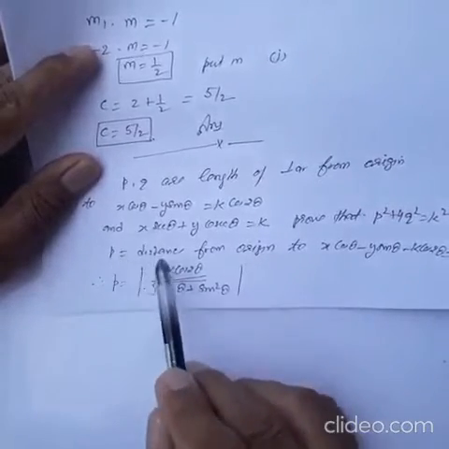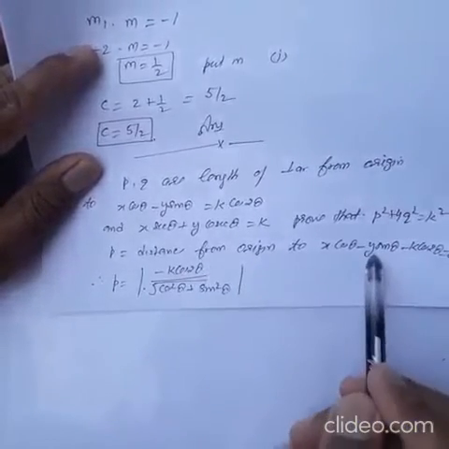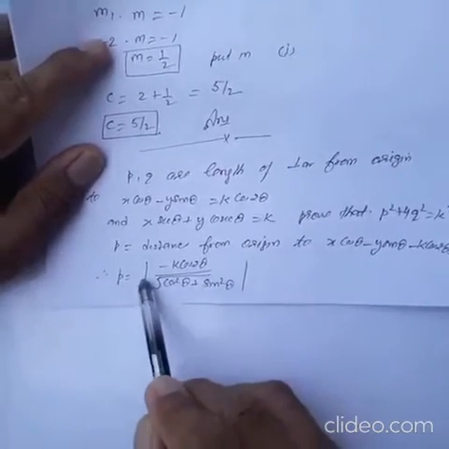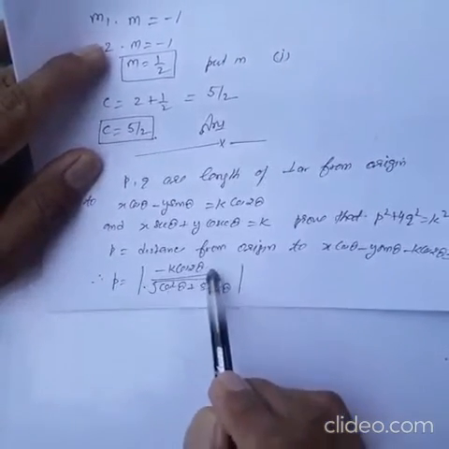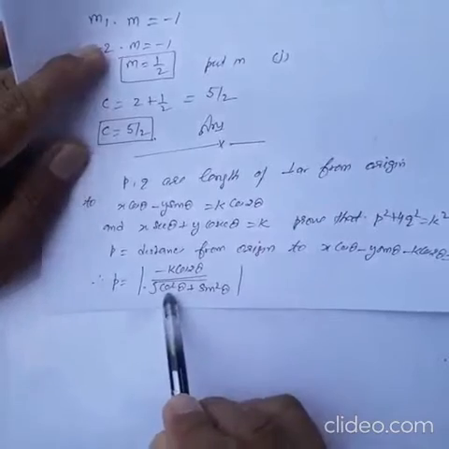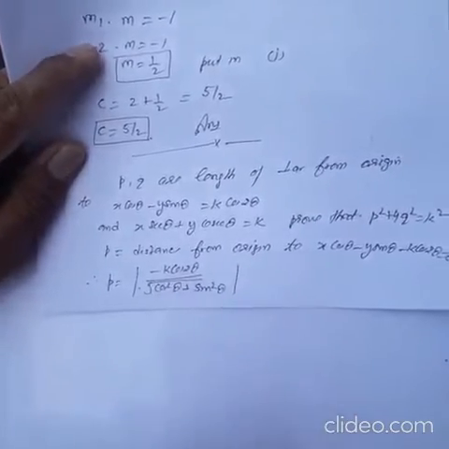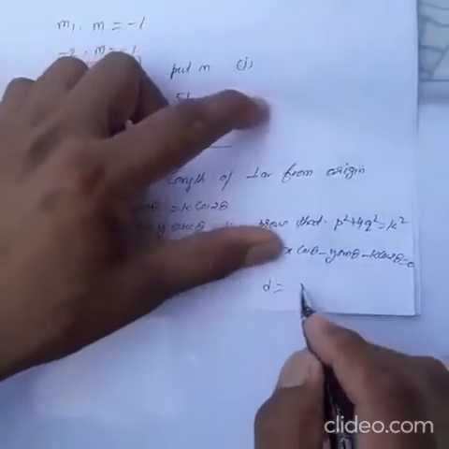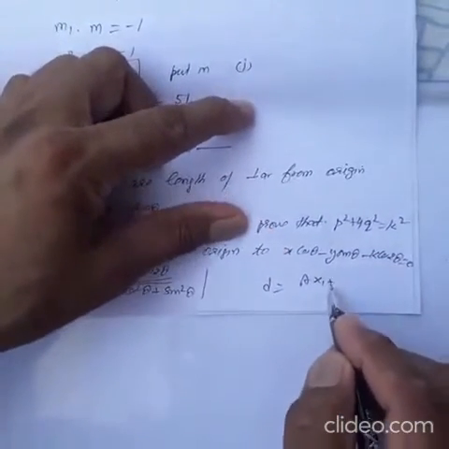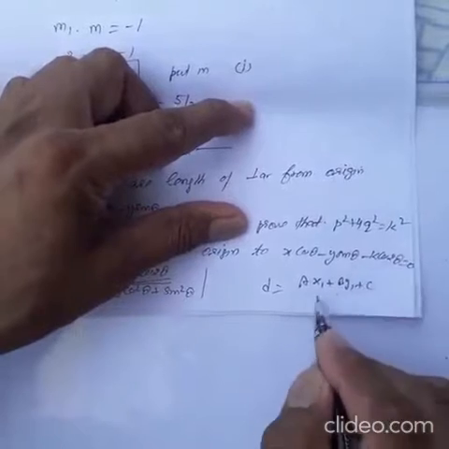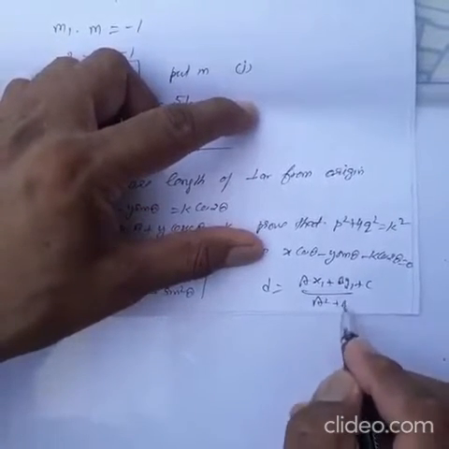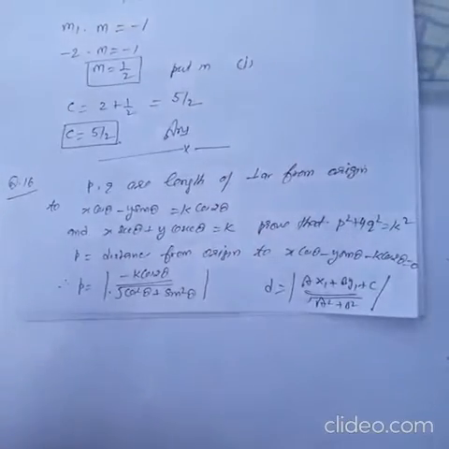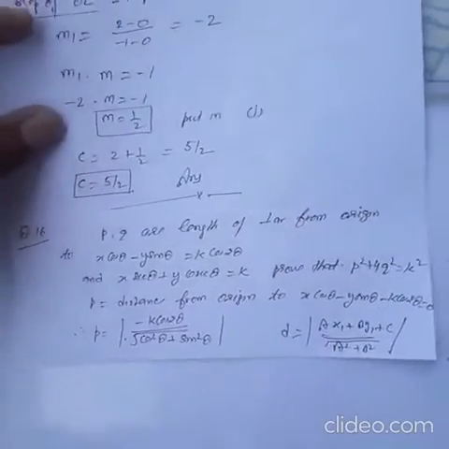So p = |-k cos 2θ| / √(cos²θ + sin²θ). Which formula have we used here? Distance = |ax1 + by1 + c| / √(a² + b²). This is the formula we used in this question.